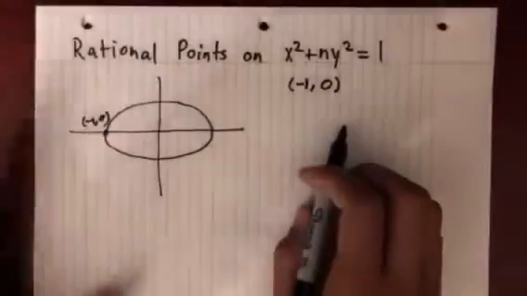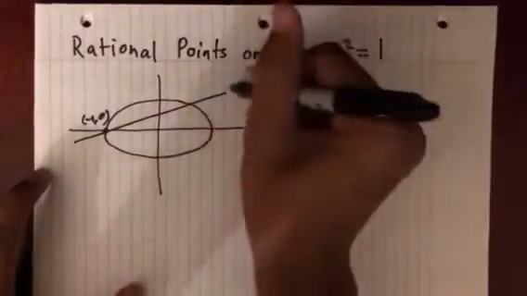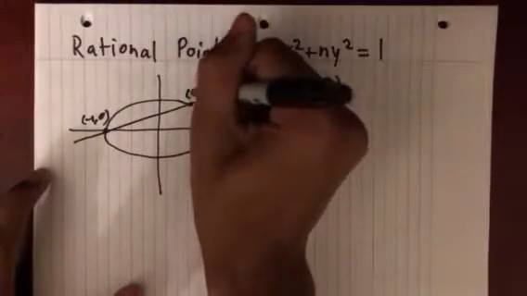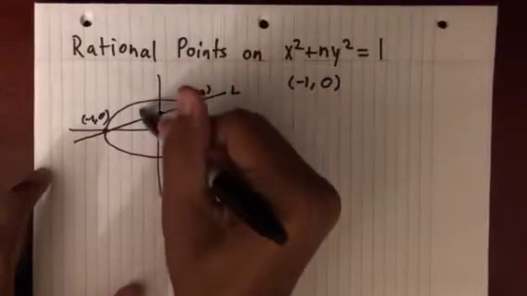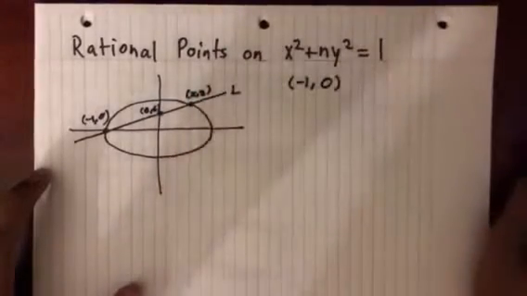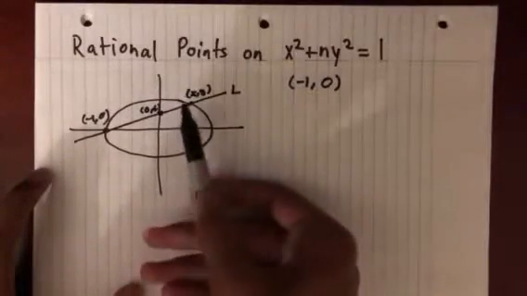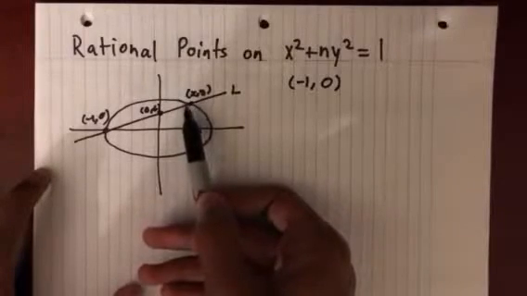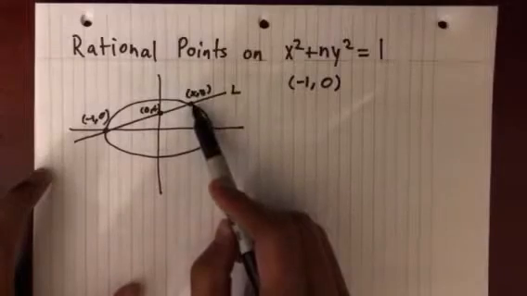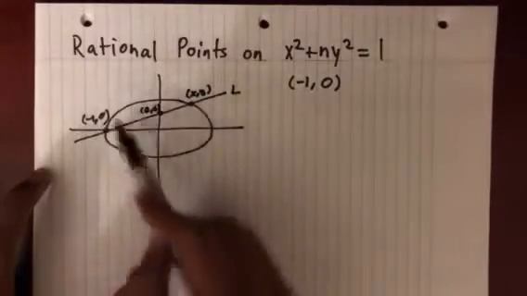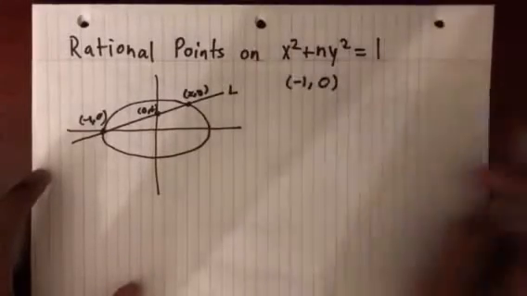And then like before, we want to draw the line L, and this is going to be another point, which might be 0, t. We want this point to be rational, so if our line has a rational slope, then this point will be rational, and there'll be another point on the conic, because our conic is a quadratic with rational coefficients.